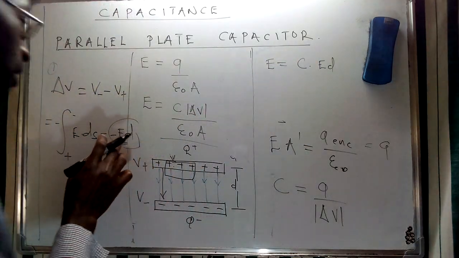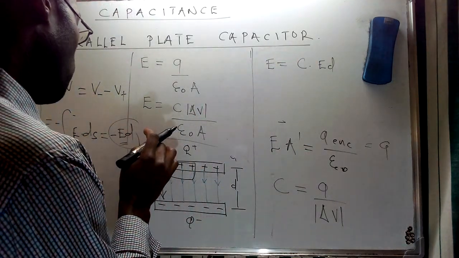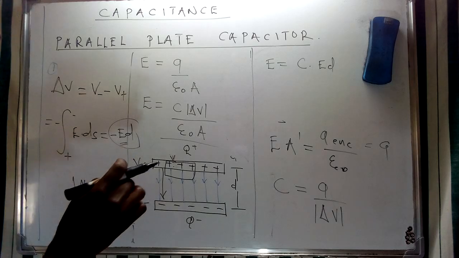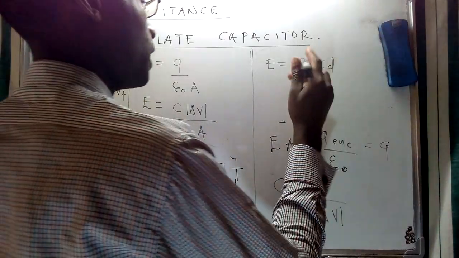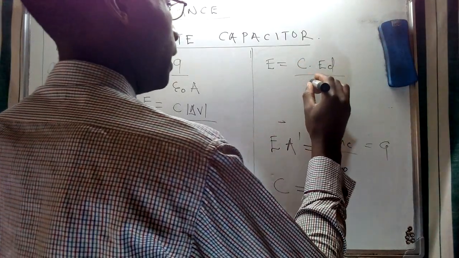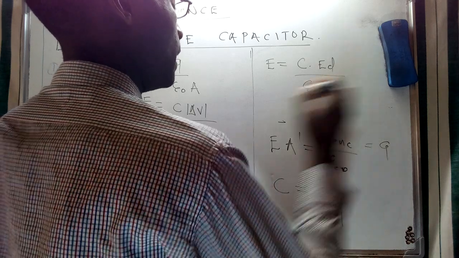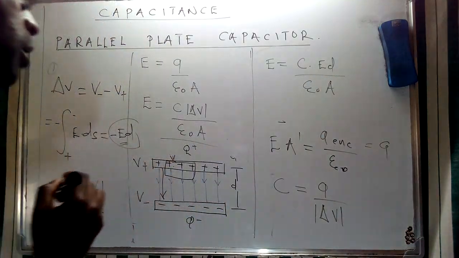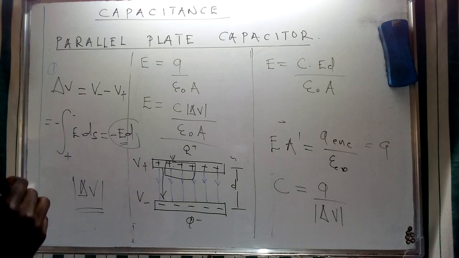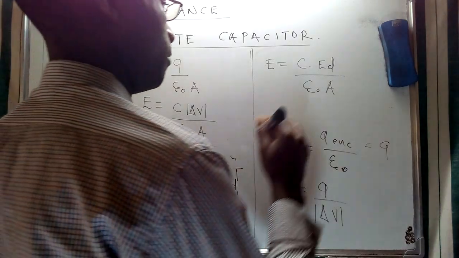And this is from this point. I've said I'm going to have it as just an absolute value divided by epsilon naught A. If we look at that, we can make C the subject of that formula.